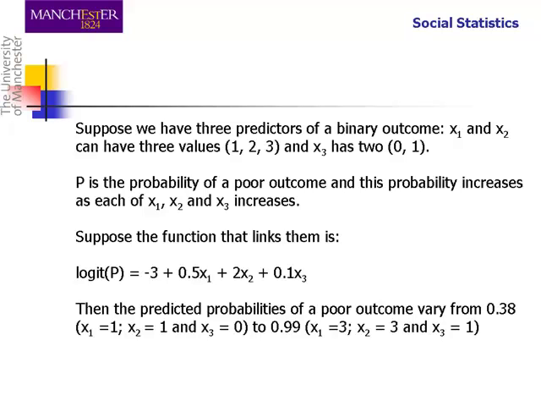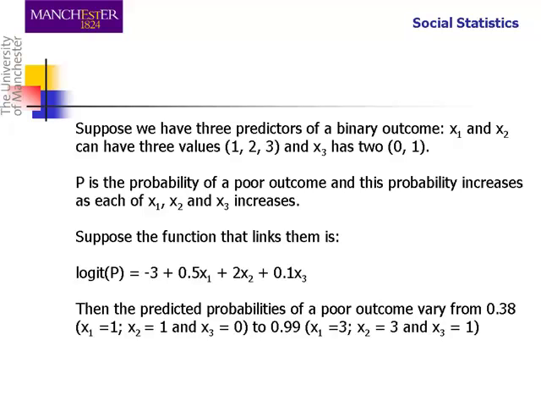But it doesn't particularly matter whether we use the logit or anything else, really. And from that, we can generate some predicted probabilities. So we can say that somebody who scores the lowest points on x1 and x2 and scores 0 on x3 has a predicted probability of a poor outcome of 0.38.